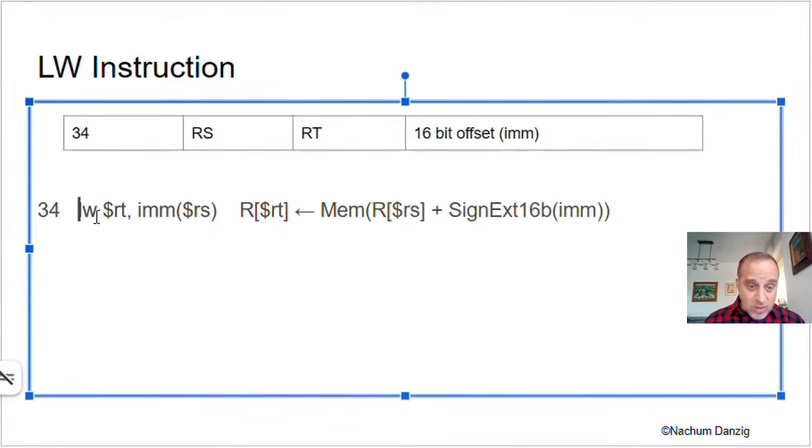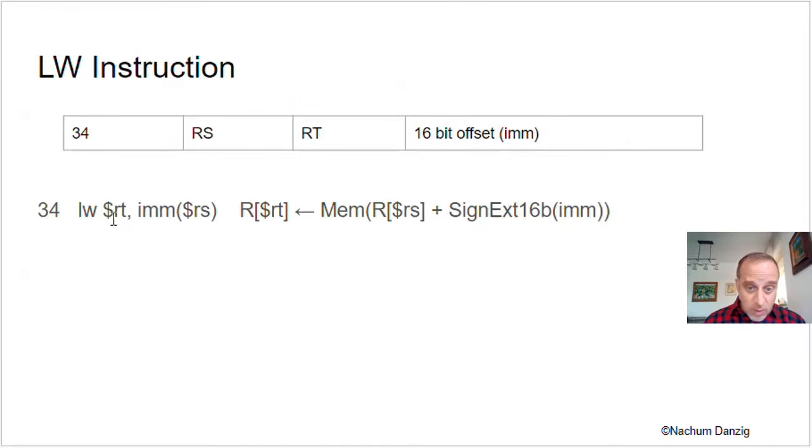You'd say load word from RS with the offset, in other words, indexed into the array, whatever the immediate value is, that's these 16 bits over here. Take the RS, which is here, and then add to whatever its value is these 16 bits after they've been sign extended. And then that will be the memory location I want to read.